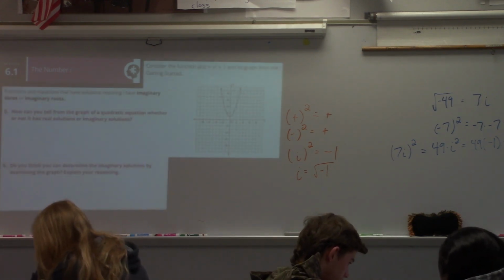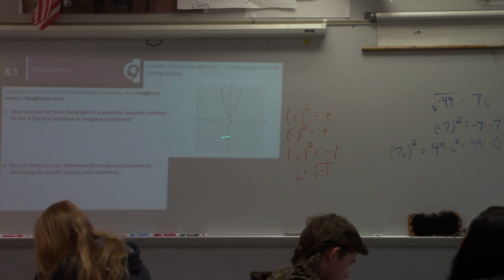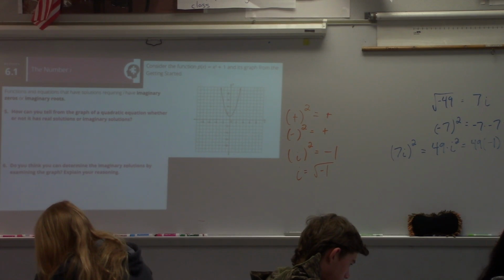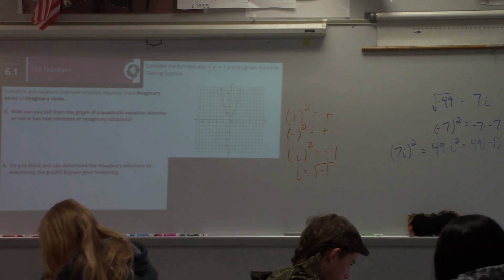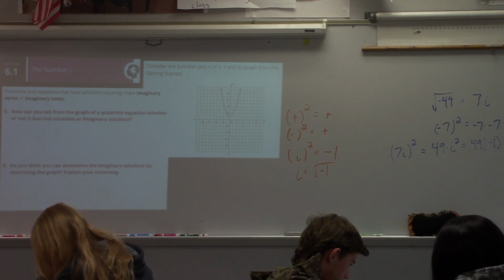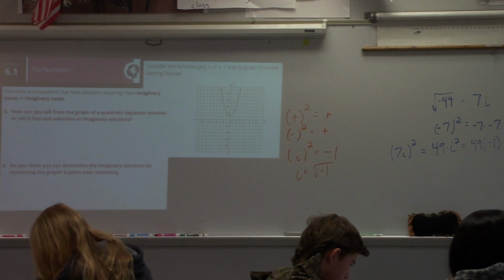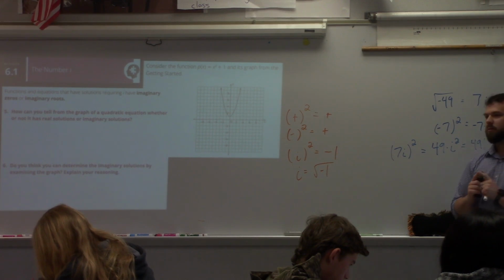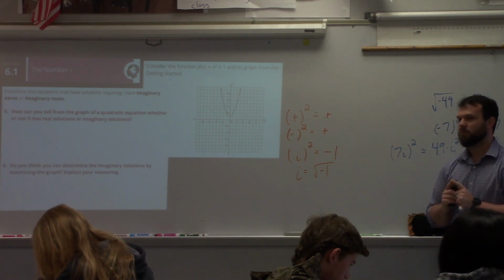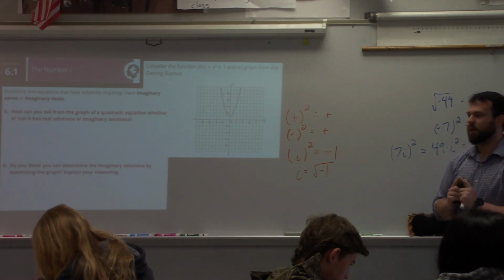So from there, we talked about graphs like this. This is on page 96 as well, but how did we know that this graph had imaginary zeros or roots? It does not intersect the x-axis. If the graph intersected the x-axis, the roots would be real, right?